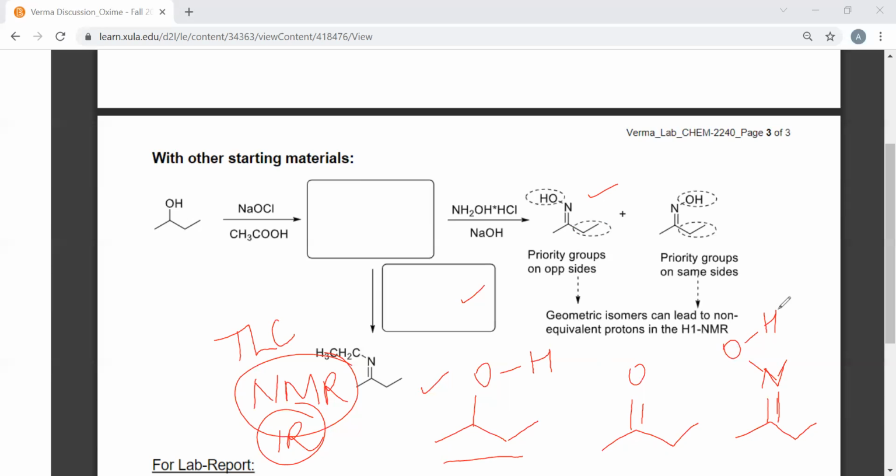Think about polarities. Think about the hydrogen bonding, missing or present. Think about all the different permutation combinations.